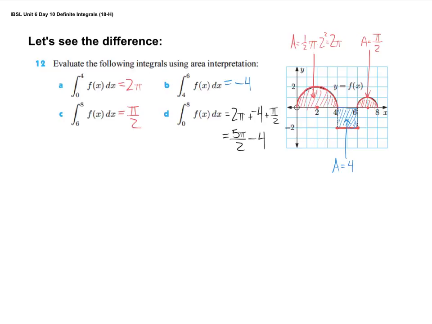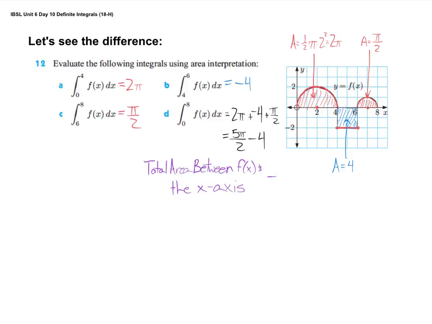What we would use the absolute value for is if we were asked for the total area. It'll just say, find the total area between f of x and the x-axis.